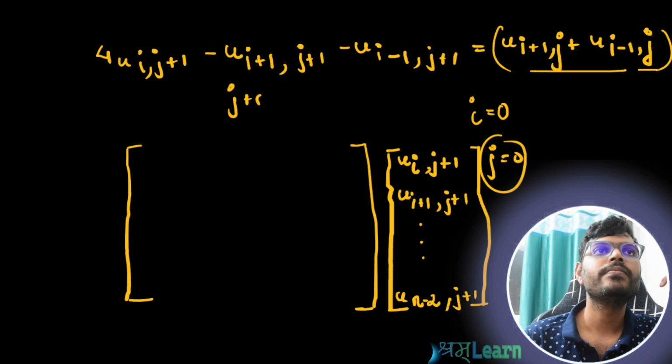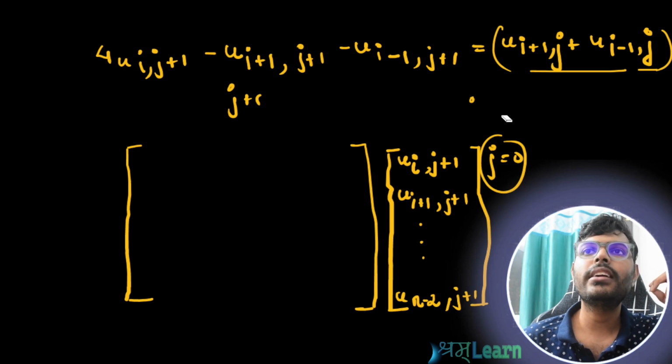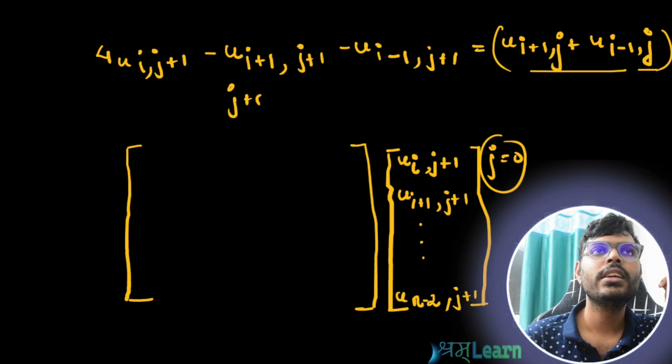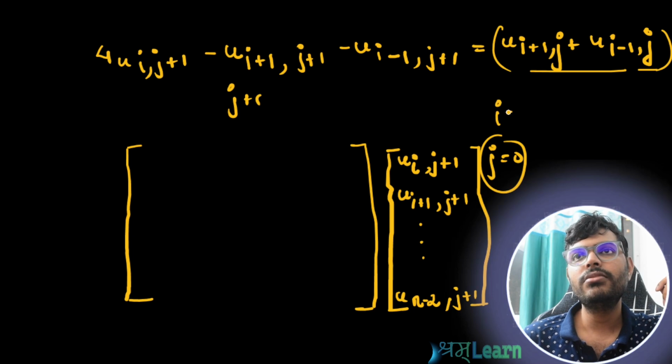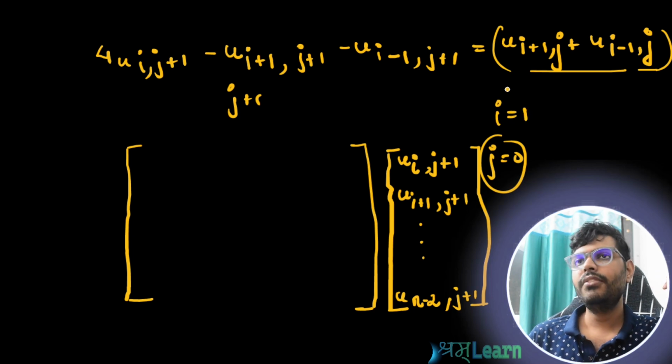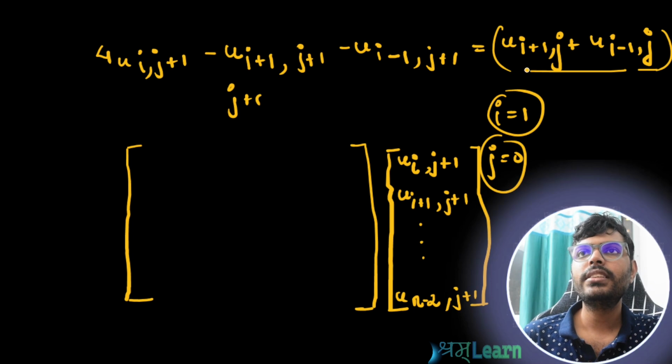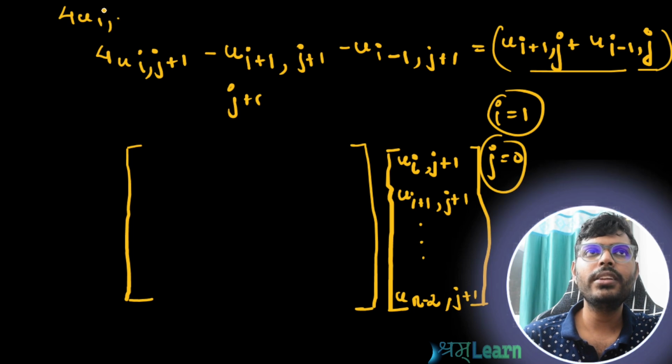I don't necessarily have to start with i is equal to 0. If I start with i is equal to 1, what is going to happen? I will have an equation. So can I solve this equation for i is equal to 1, j is equal to 0, or write it in a simplified form for u of 1 comma 1, u11.